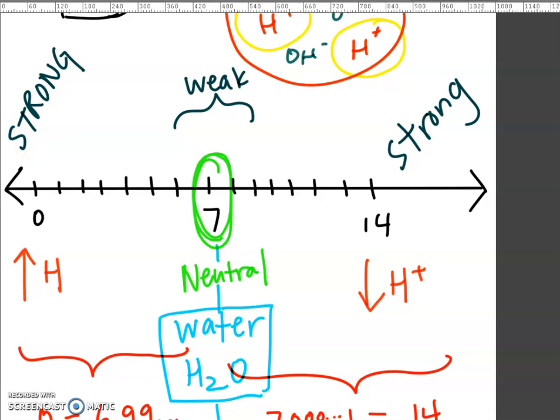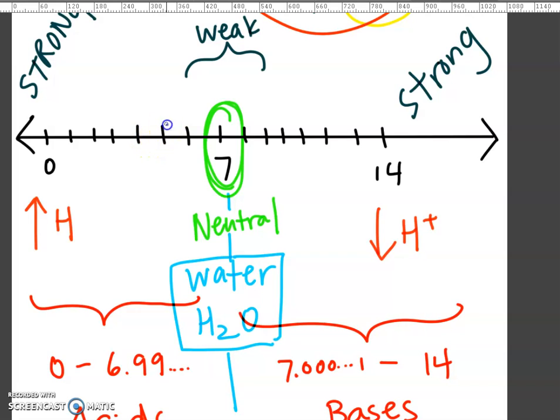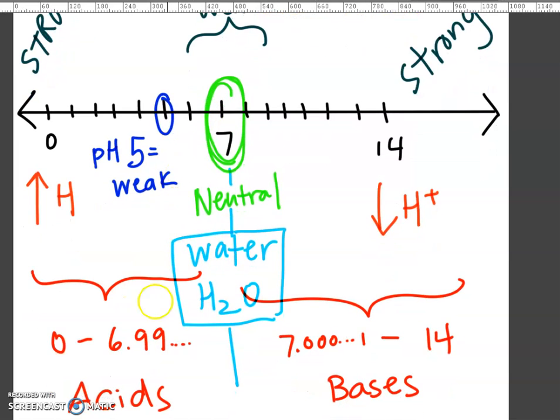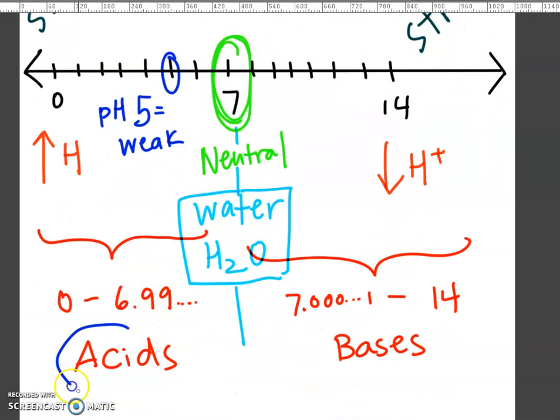If we were to actually use these words, we might say that, for example, around here, 5 is close to 7, so pH 5 might be a weak solution, and because it's less than 7, it is also an acid.